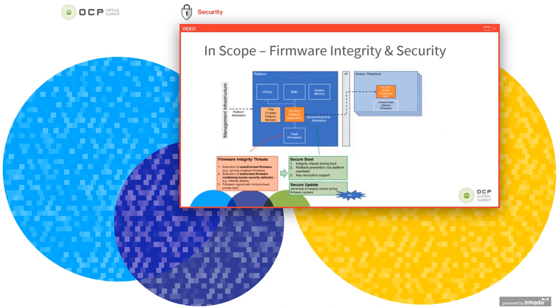So someone actually tried to plant malicious firmware and you don't want that to execute. It could be attacks that involve rollbacks. So someone trying to attack your system by causing it to execute properly signed authorized firmware that has known security defects and then using those defects to penetrate the system.